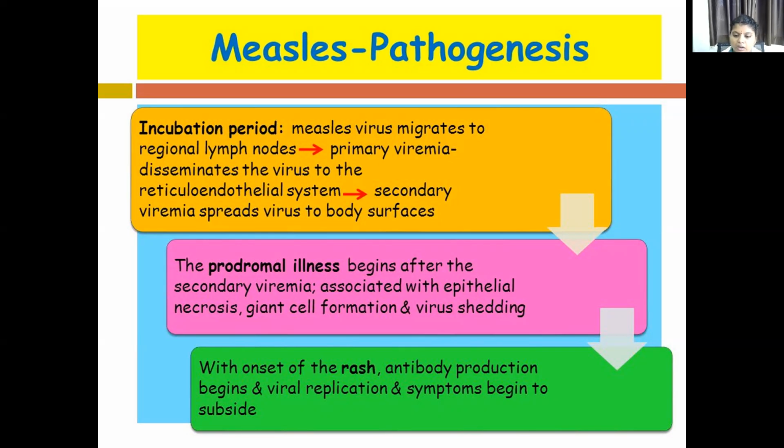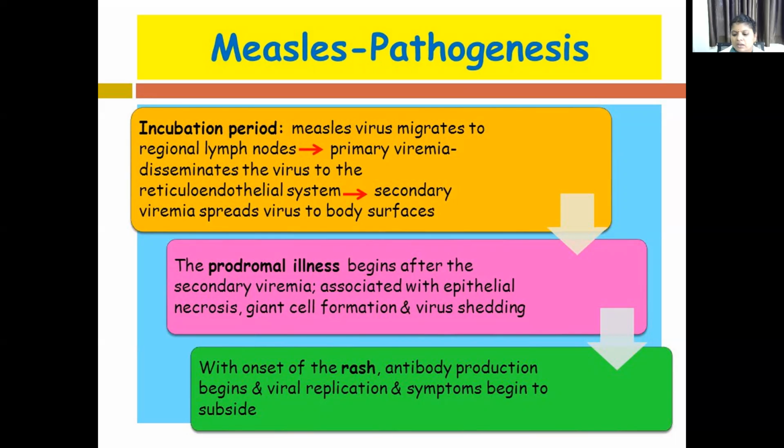These are the important organs that are reached for the manifestations. After secondary viremia, there is epithelial necrosis, skin epithelial necrosis, along with giant cell formation and virus shedding. With onset of rash, antibody production begins and viral replication symptoms begin to subside.